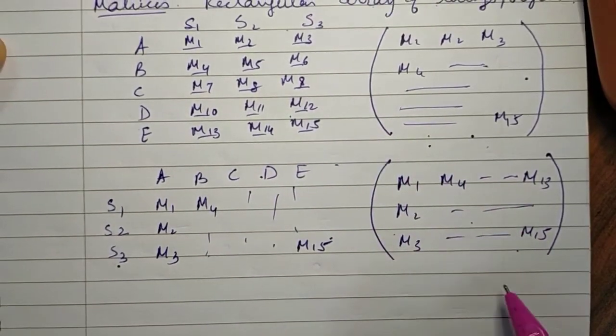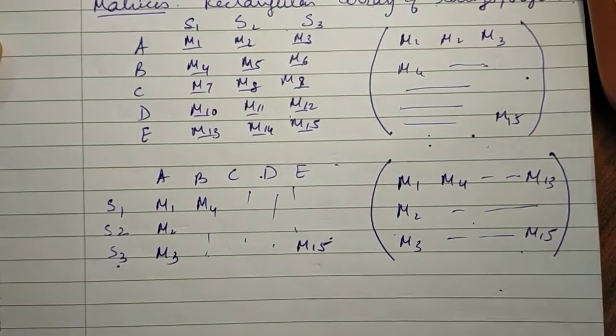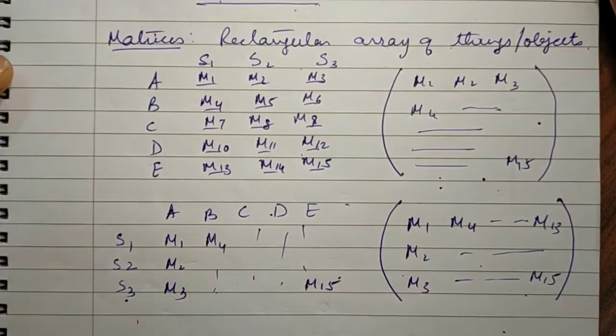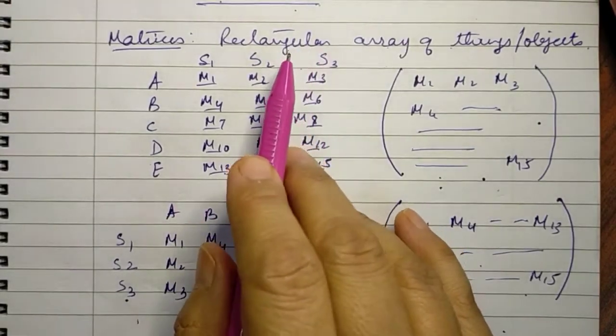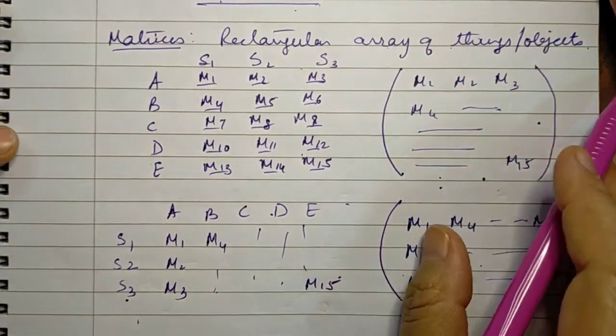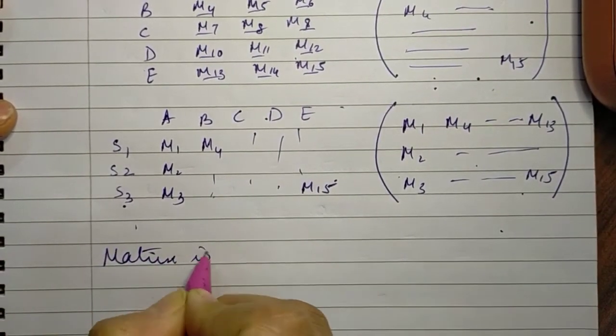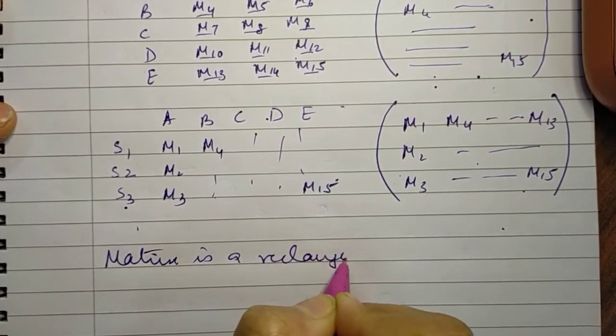They could even be numbers. So as we define a set, the same way we define a matrix to be a rectangular arrangement of a certain amount of well-defined objects or things.